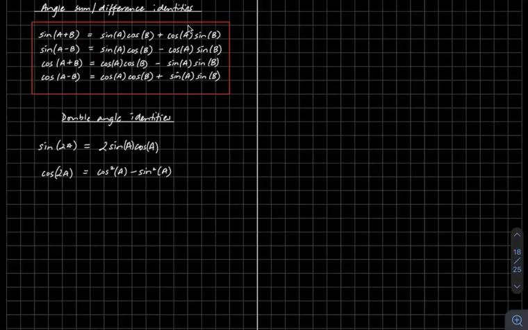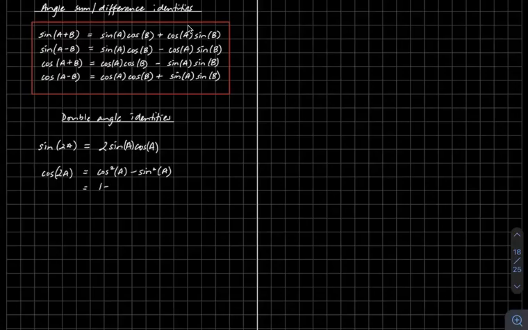So there's one way that we could express cos 2A in terms of just cos A and sine A. But with that one there, because of our Pythagorean identity, we could actually use that either with cos squared A to express it in terms of sine squared A, or express sine squared A in terms of cos squared A. So with both of those we could come up with an expression that only involves sine A or cos A, or squares of those.